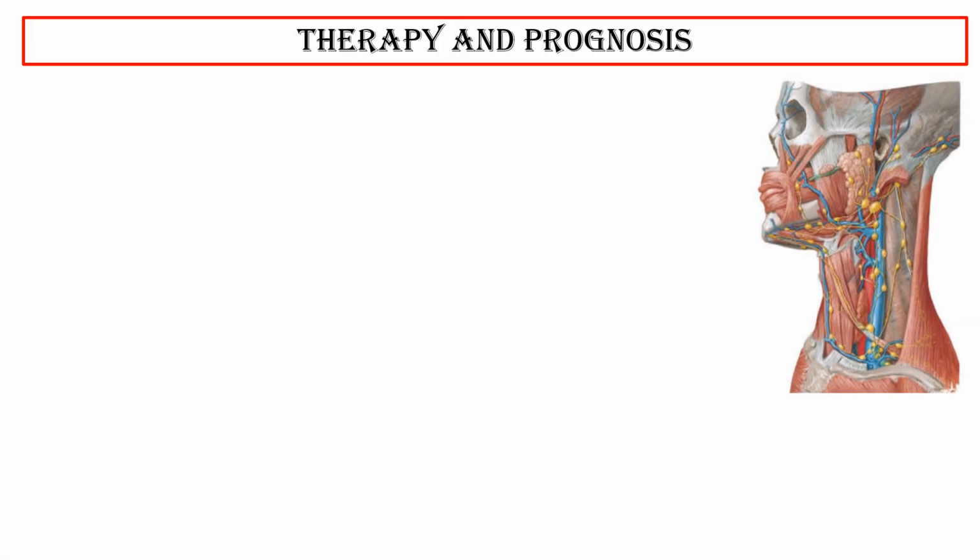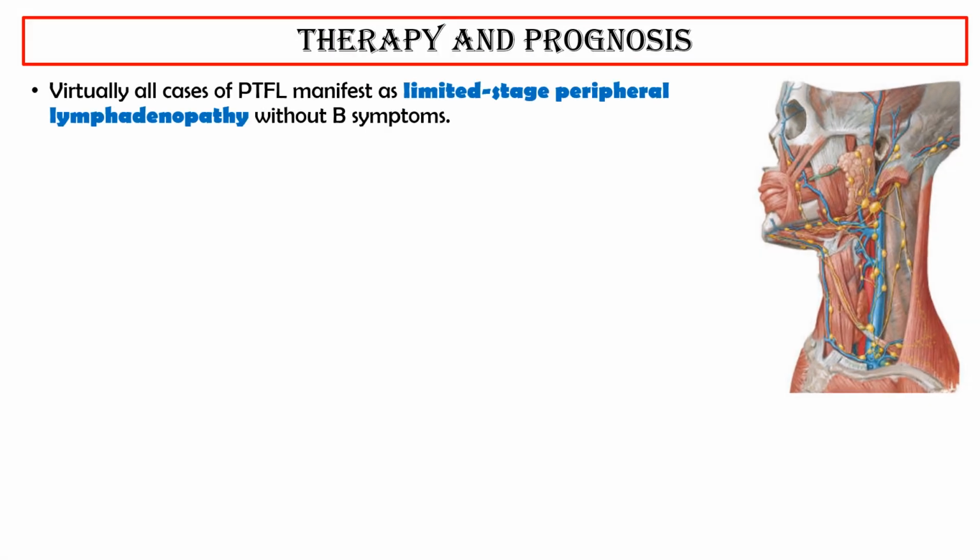Therapy and prognosis. Virtually all cases of pediatric type follicular lymphoma manifest as limited stage peripheral lymphadenopathy without B symptoms. It has an overall excellent outcome and prognosis.